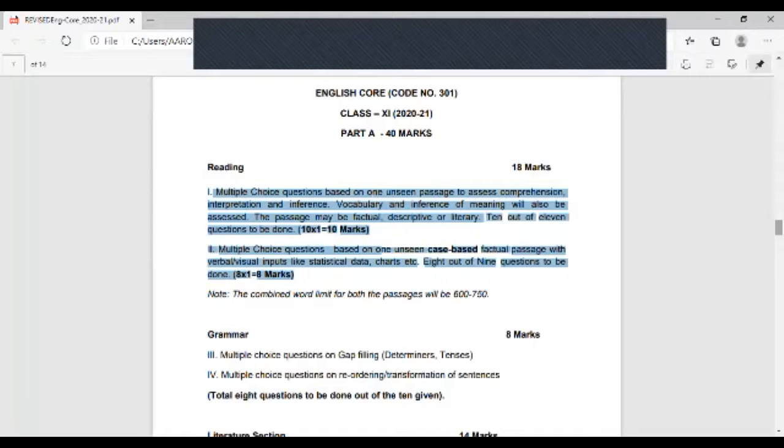The first, question number 3 under grammar, is multiple choice gap filling, which is based on determiners and tenses.